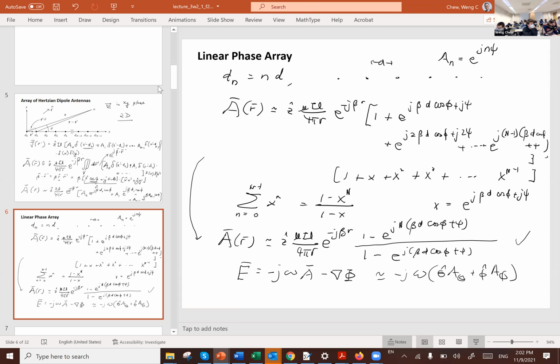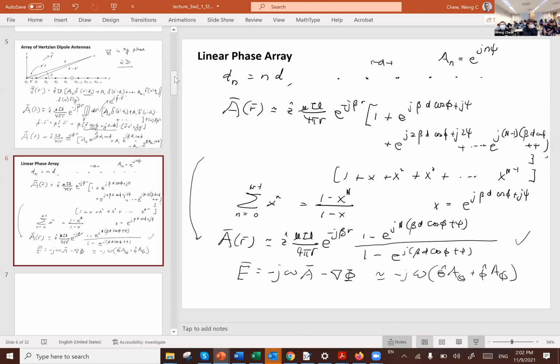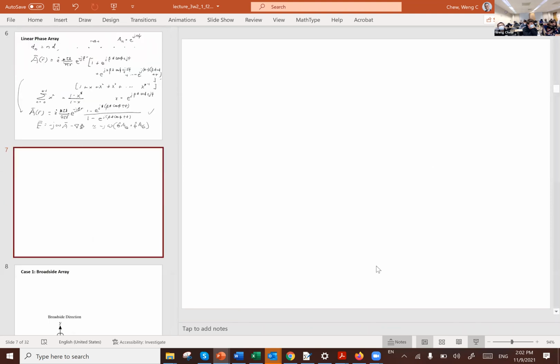So if you have the electric field in the far field, it's going to be proportional to A theta, theta hat, plus A phi, phi hat.